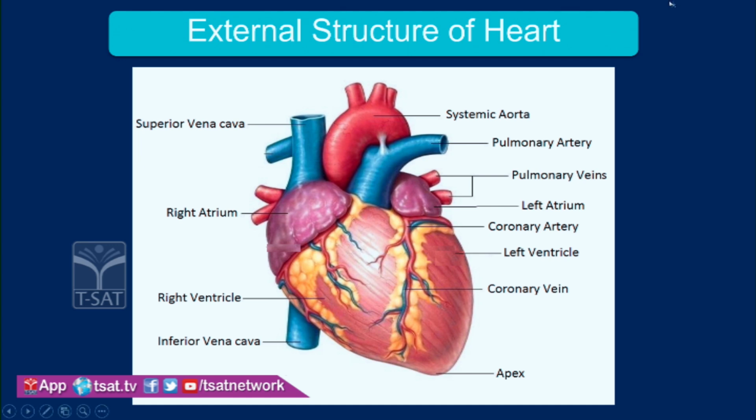You see here, first, where you find the blue colored vessel, you think that is deoxygenated blood. So if the blood vessel is blue in color, it is transporting deoxygenated blood.